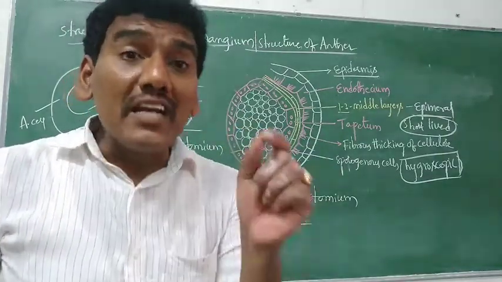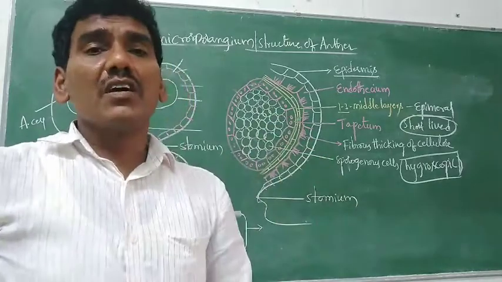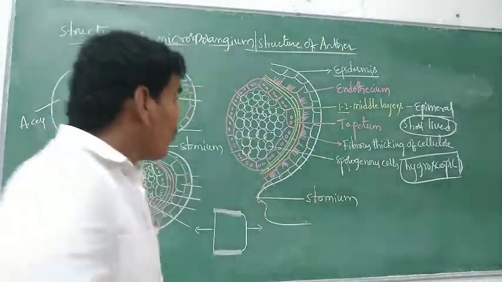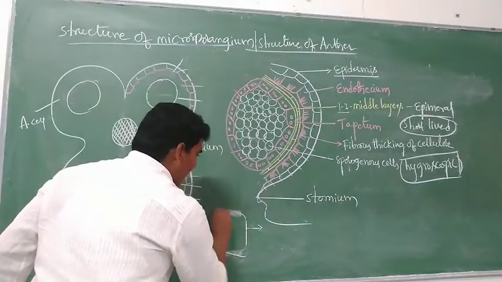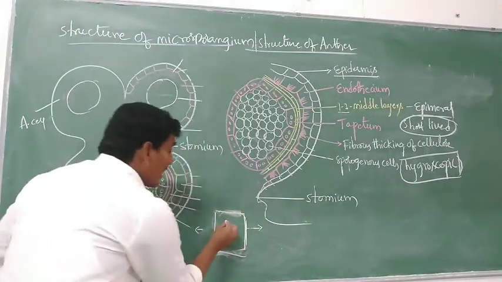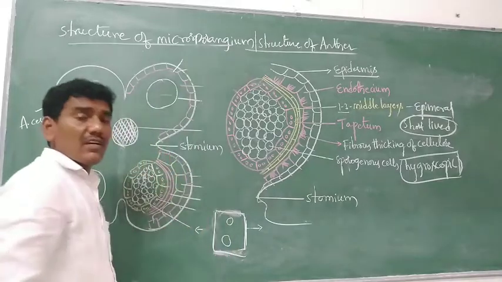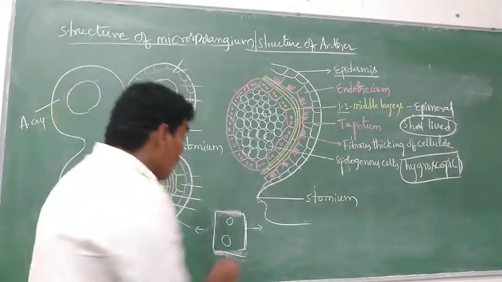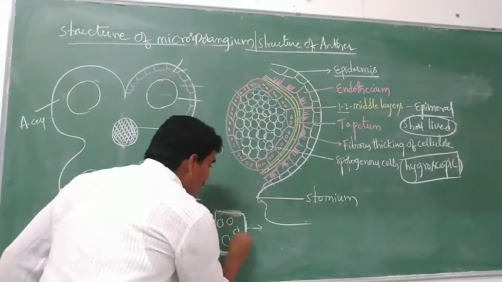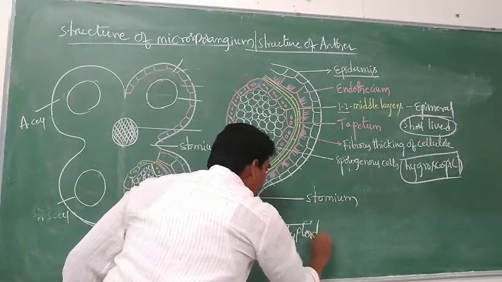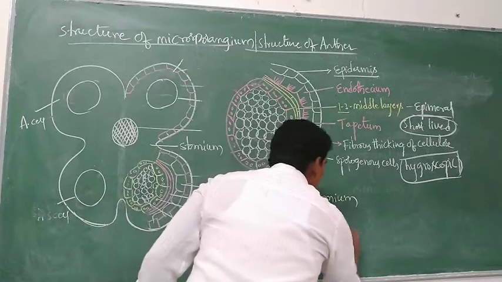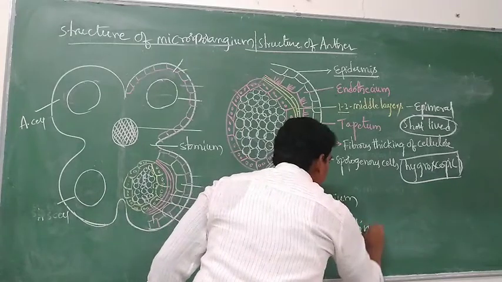For example, this is one tapetal cell. Initially, the tapetal cells are diploid, but they become polyploid and multinucleated.